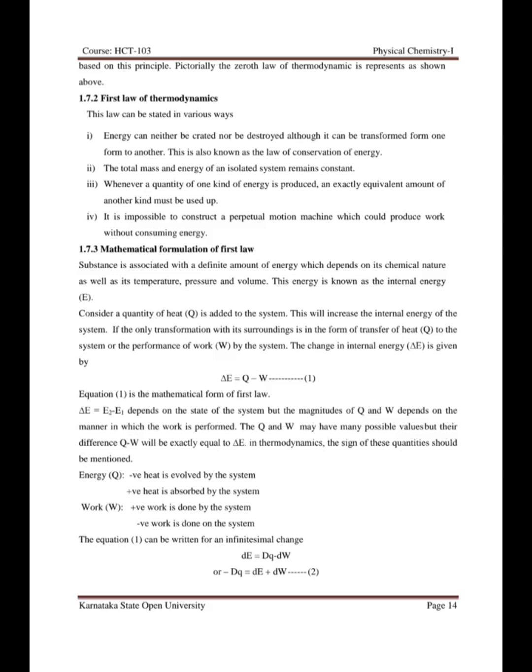The mathematical formula is delta E equals Q minus W, where delta E is the internal energy of the system, Q is the quantity of heat, and W is the work done by the system.